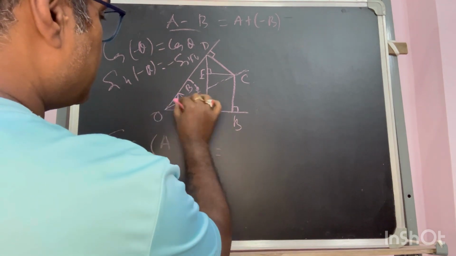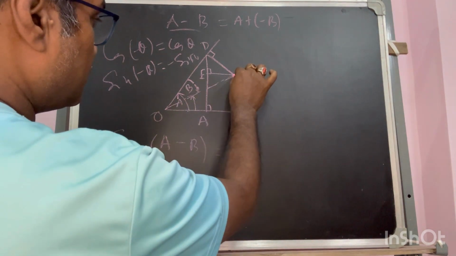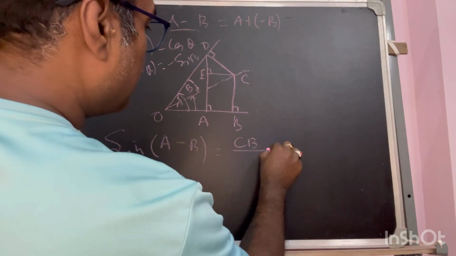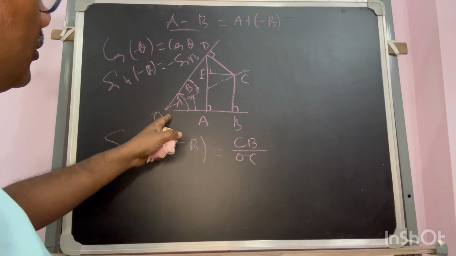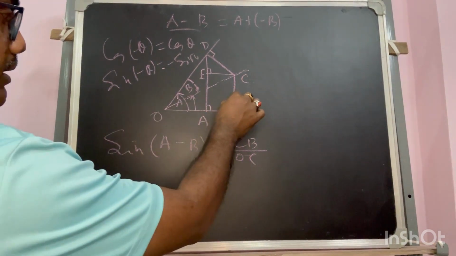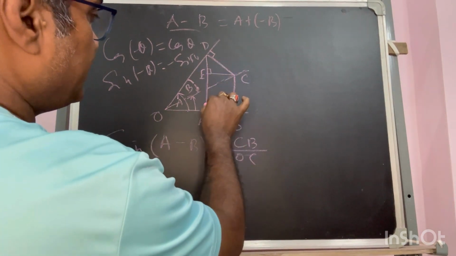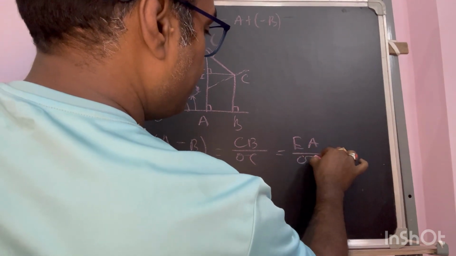So sine of a minus b is this by this, that means CB upon OC. This is OC for this triangle. This is a right angle triangle. Now CB is equivalent to EA, so I write it EA by OC.